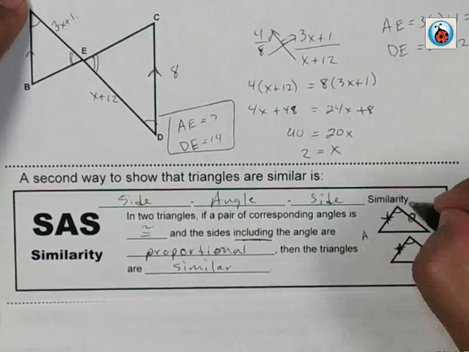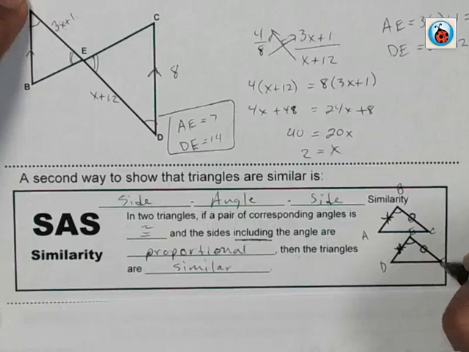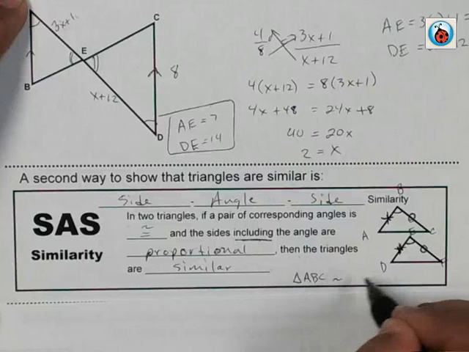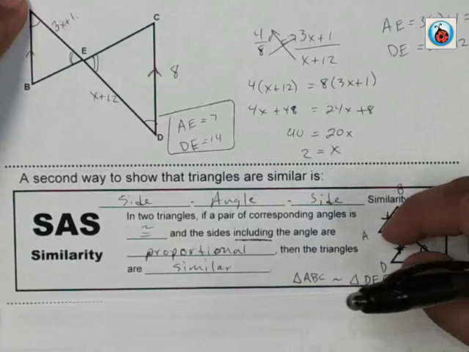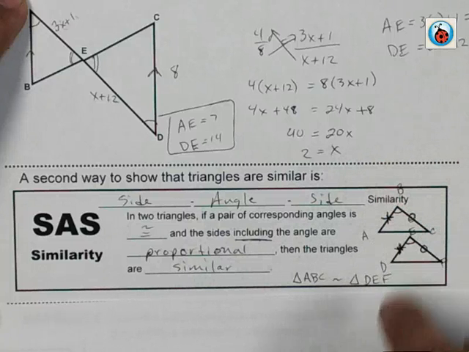I can put some X's on here, because they're not congruent, but they are similar. Labeling these A, B, C and D, E, F, triangle ABC is similar to triangle DEF. The sides have to be proportional, and the included angle has to be equal.